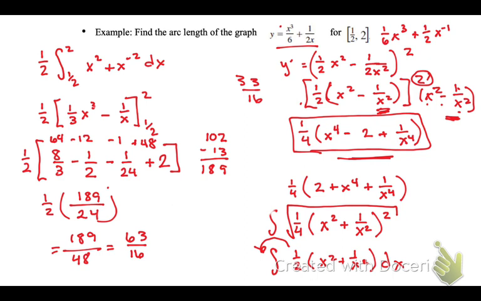But okay, so if I plug in 2, yes? Because this is what they have, we have exactly the same thing they do here. So something happened. If I plug in 2, 2 cubed is 8, so I get 8/3. And I plug in 2, I get minus 1/2.